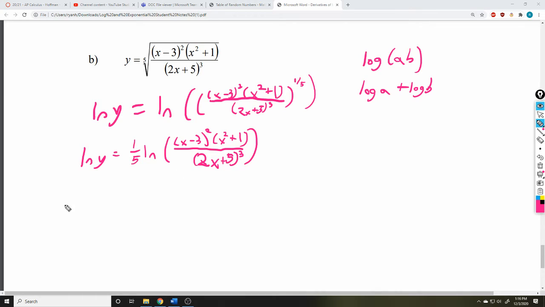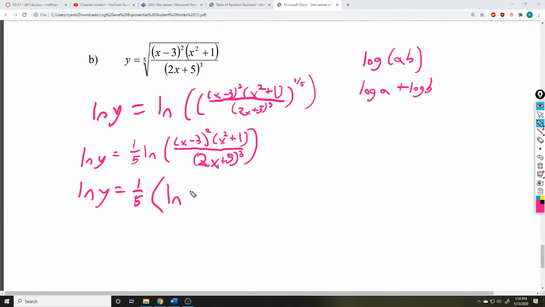So we can make this even simpler using those properties of logarithms. And then we have a same one for division, that the log of a divided by b is the log of a minus the log of b. And that's related to our properties of exponents. So what that means is that we can separate this out into separate logarithms with addition. And addition is a whole lot easier to talk about than multiplication when we take a derivative.